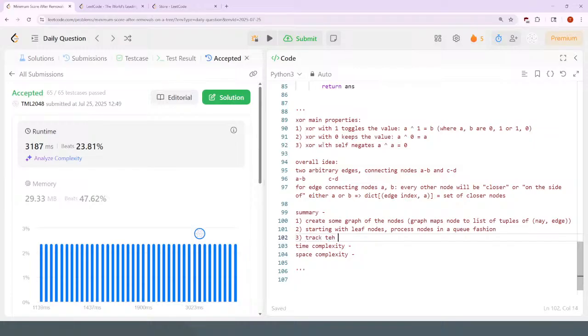Track the set of linked nodes and an XOR value of linked nodes for each node in a dictionary.